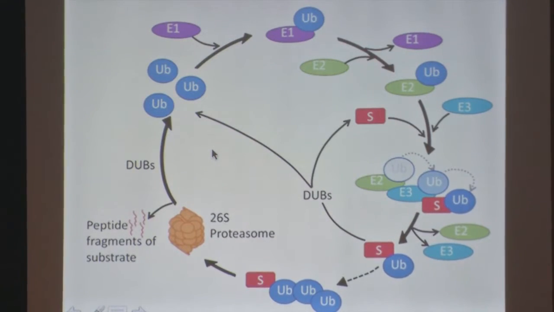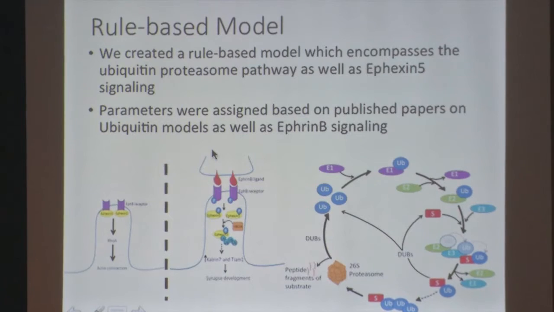And here's the sort of generic ubiquitinylation mechanism that has been encoded in Virtual Cell using a rule-based model, and then simulating that model with a network-free simulation. So to get to the results, we created this rule-based model.